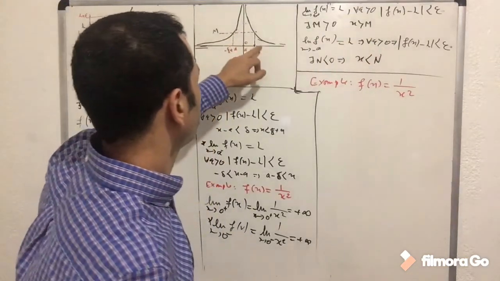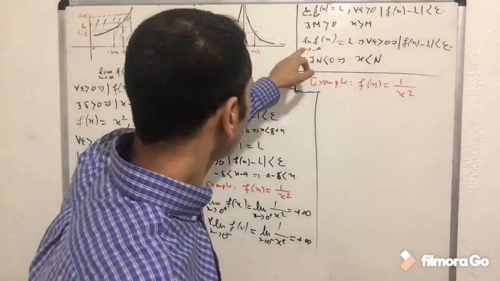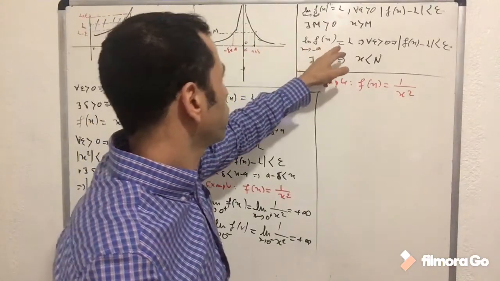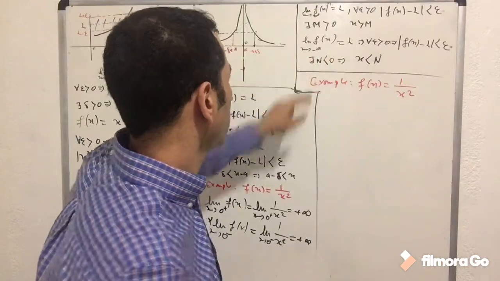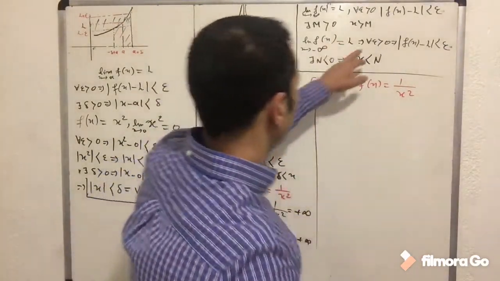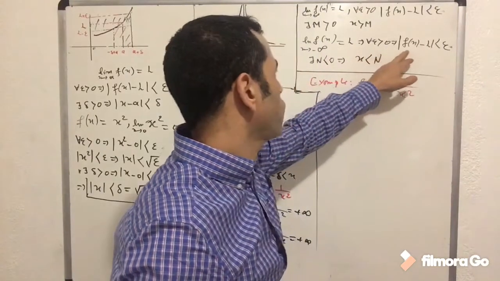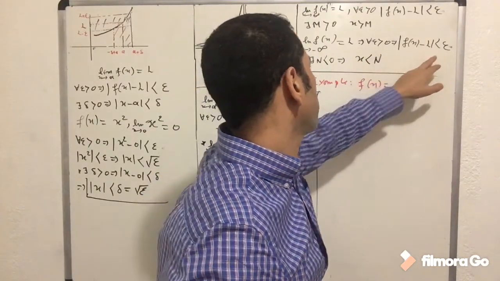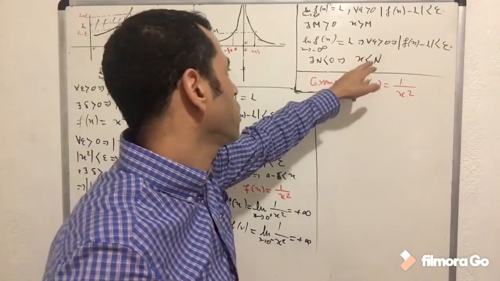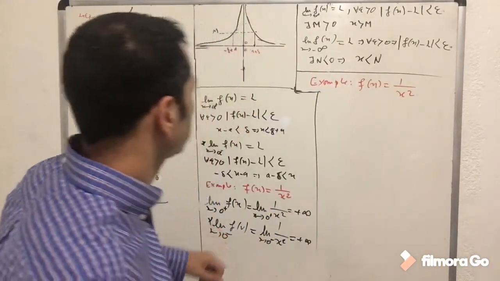Okay, so this is a different example. The limit of f of x equal to L on the left-hand side when x is approaching minus infinity: for epsilon superior to 0, f of x minus L is strictly inferior to epsilon. There exists n inferior to 0 such that x is strictly inferior to n, right?